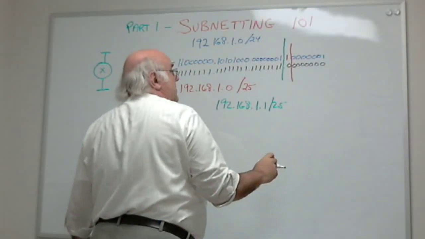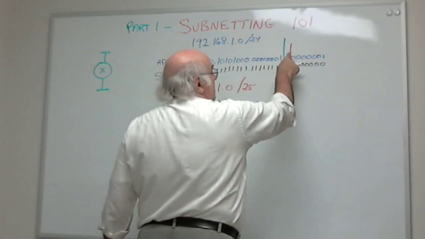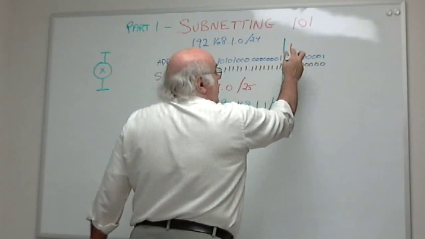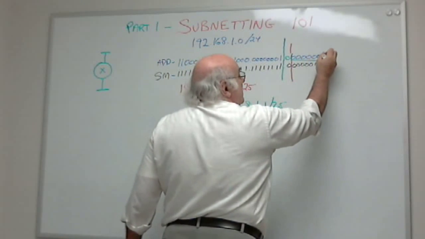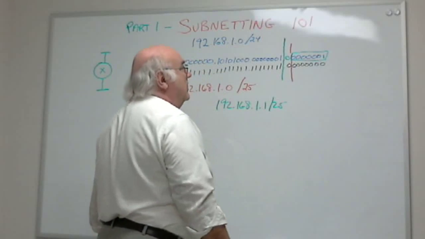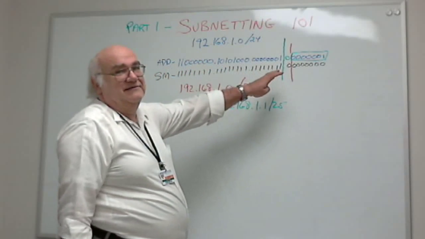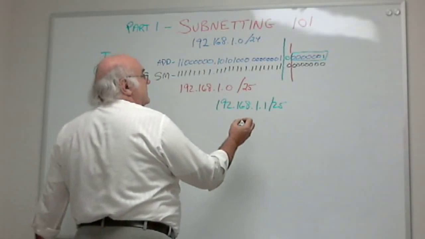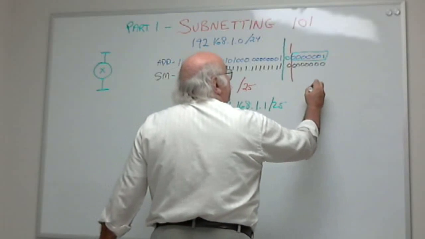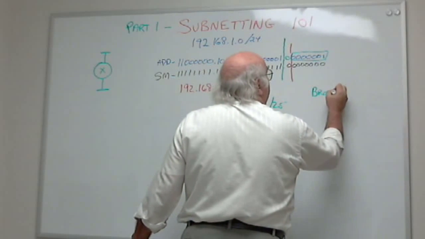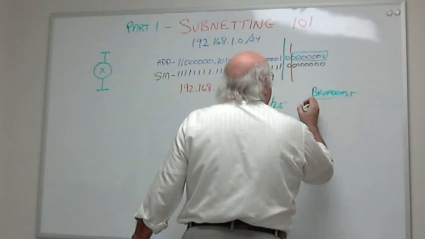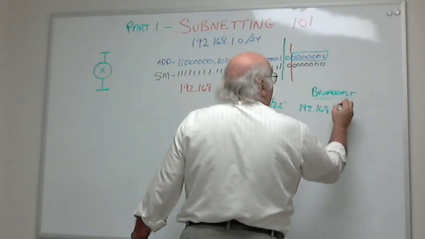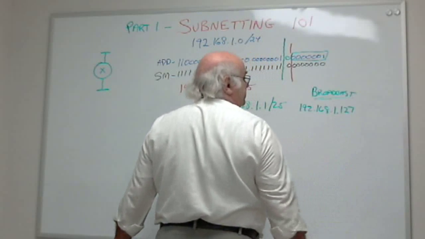Now remember, if I turn all of the host bits on, I get my broadcast address. We just did an example with that in the calculating address video, where that became 127. So my broadcast for this network is 192.168.1.127.